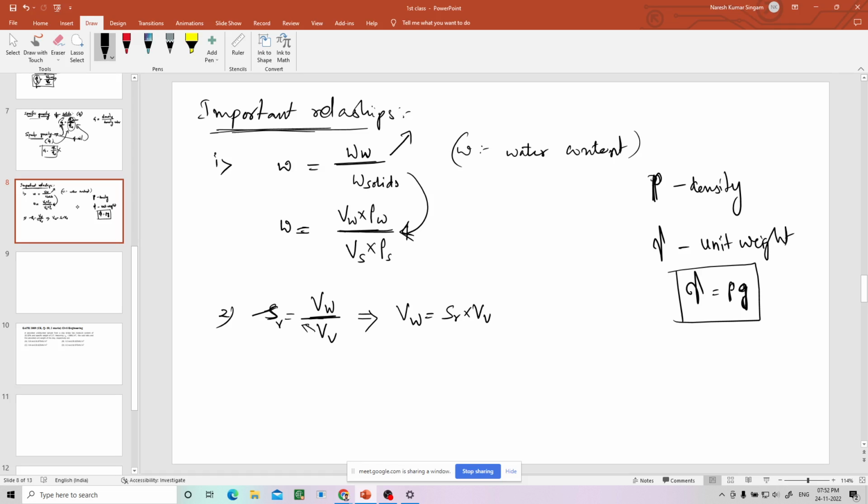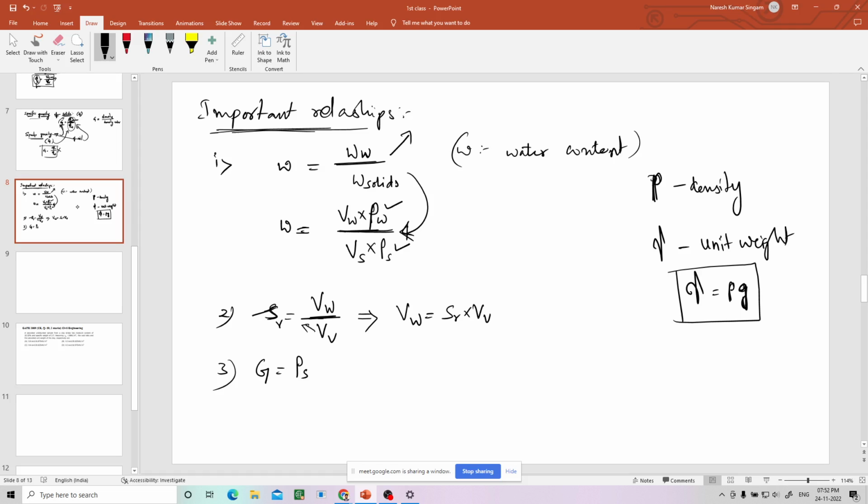Now, keeping this aside, what is G? Specific gravity of soil or solids is the same. That is density of solids. You can say density or unit weight: if you take unit weight here, take unit weight there; if you take density, take density.